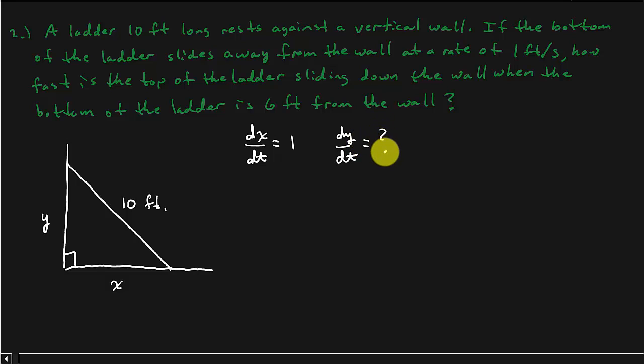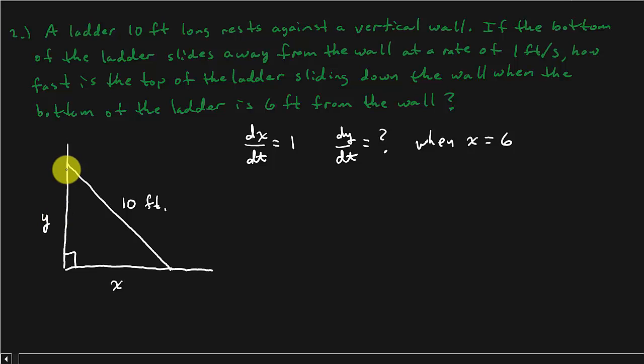And we want to find it when the bottom of the ladder is 6 feet from the wall, so when X is equal to 6. When that distance is 6, how fast is the top of the ladder sliding down the wall?